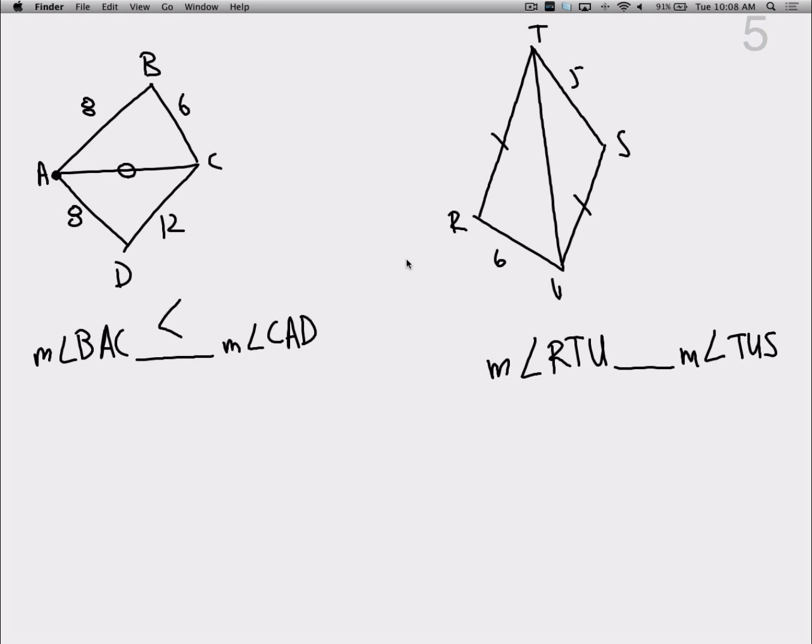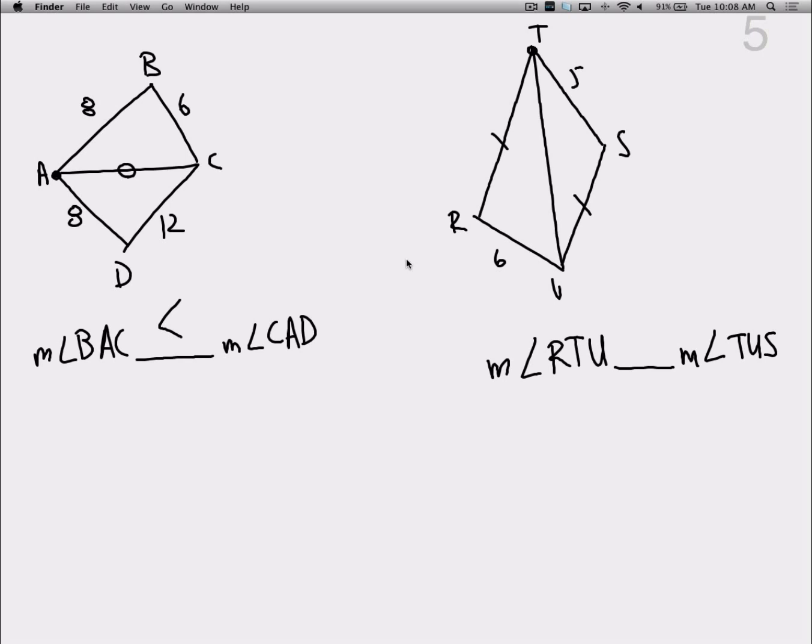Good. All right, how about this one? Where's the hinge? For triangle RTU, it's at point T, and for triangle STU, it's at point U. Very good.